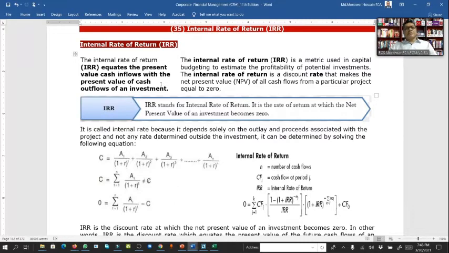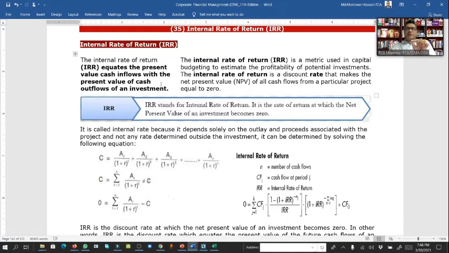So we know the internal rate of return. The internal rate of return compares the present value of cash inflow with the present value of cash outflow of an investment. It is a capital budgeting estimation of the profitability of a potential investment. The internal rate of return is the discount rate that makes the net present value of the cash flow from a particular project equal to 0.